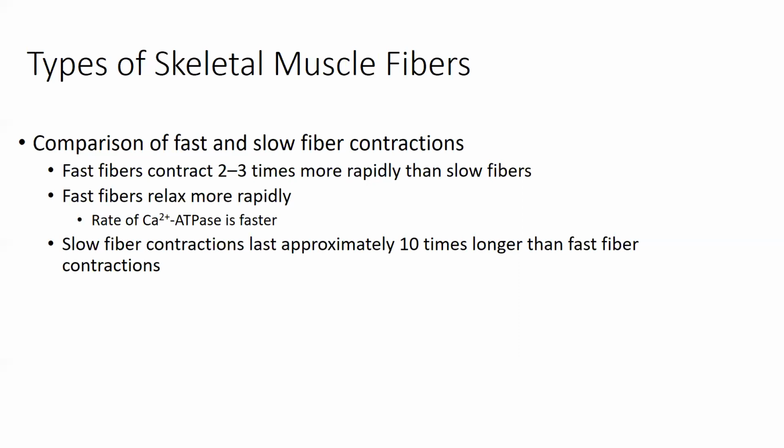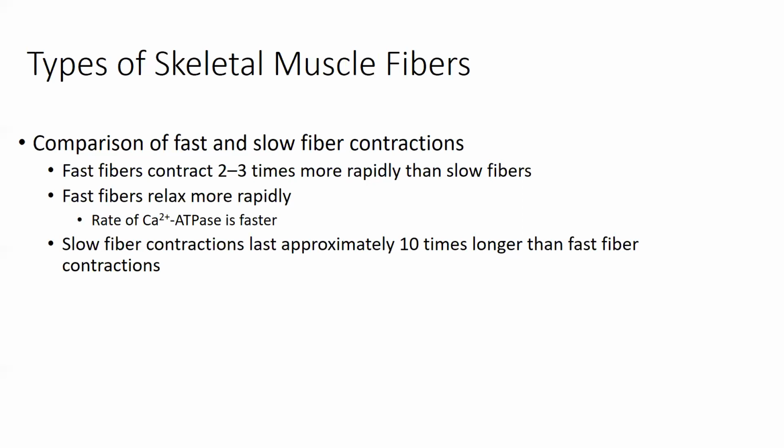So in order for a muscle to relax quickly, it has to have a faster calcium ATP pump. And these fast fibers have that. Okay, they have a faster myosin head activity and a faster calcium pump activity to actively pump that calcium out of the sarcoplasm. So they contract faster, they relax faster.